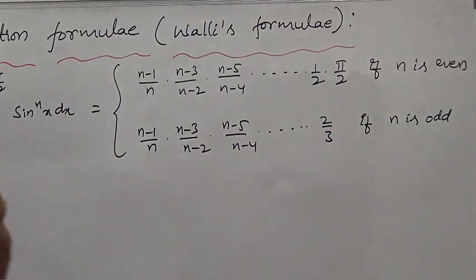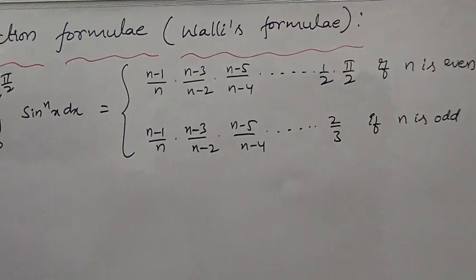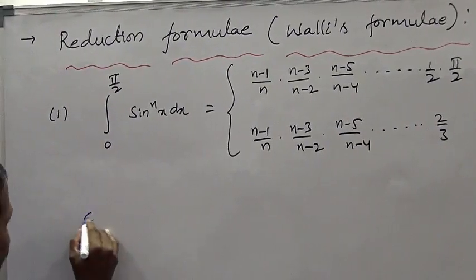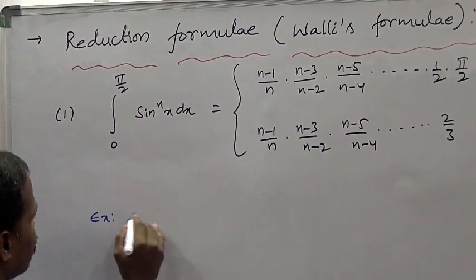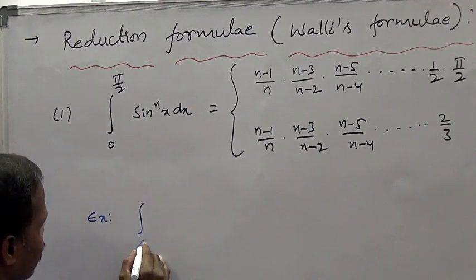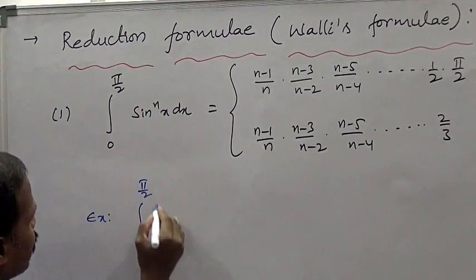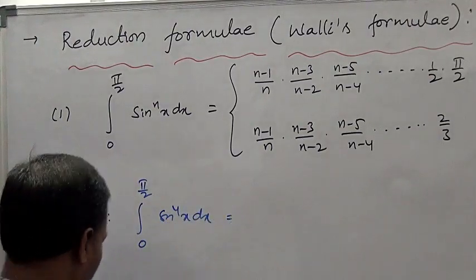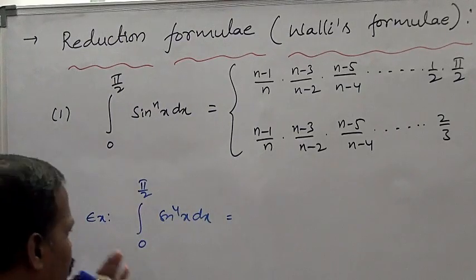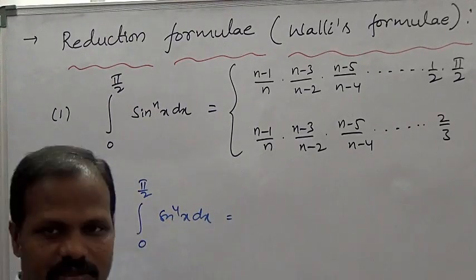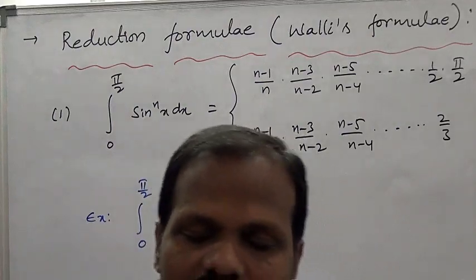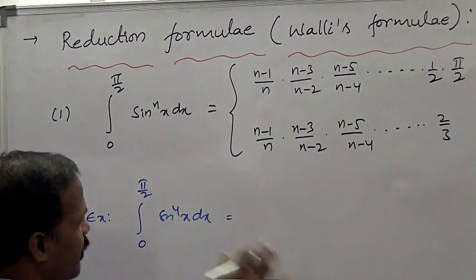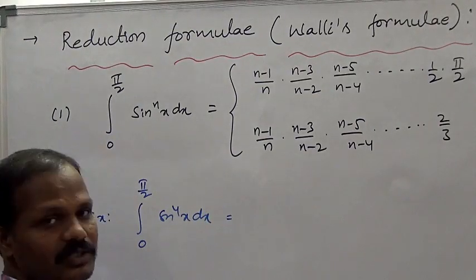Now I will give one example for this. Find the value of integral 0 to pi by 2 sin power 4x dx. Irrespective of whether n is even or odd, just start with n minus 1 by n.